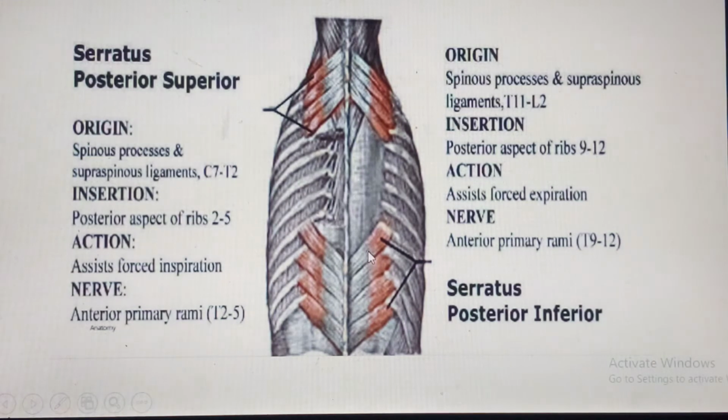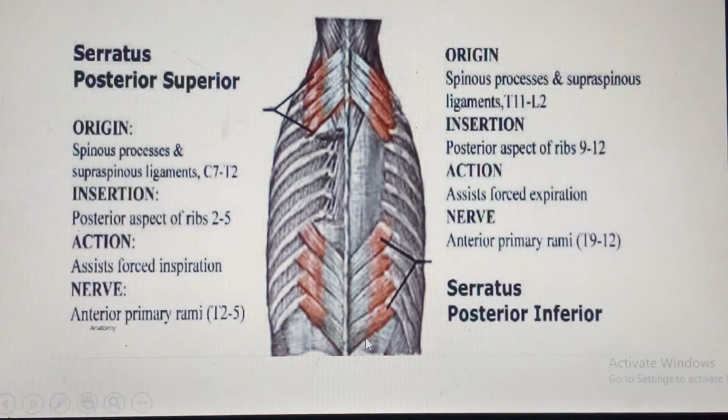Now the other muscle. Look at how this one originated this way, but the fibers came inferolaterally. So the fibers of serratus posterior inferior run inferolaterally. But look at the fibers of serratus posterior superior, they run superolaterally.